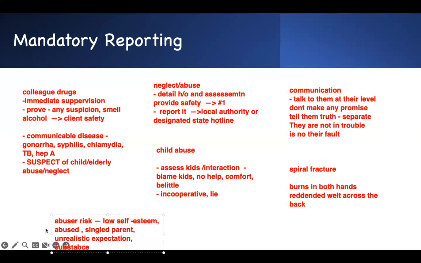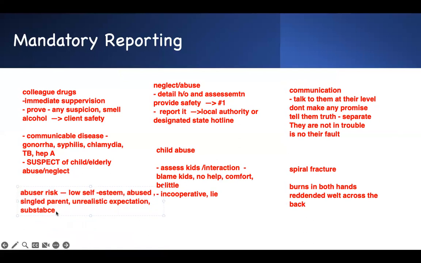So if they give you a question, like who is at risk of being an abuser? Yeah, substance abuse. That person is likely to abuse. If they have had domestic violence issues too, they are likely to do that. If they are authoritarian, they can do that. Those are the few things I think you should pay attention to. That comes up. I've seen it before. They like asking you because it gets confusing.